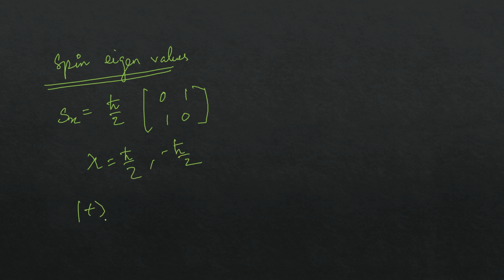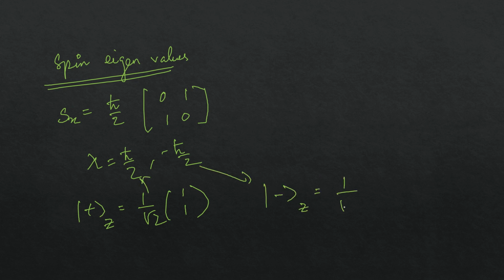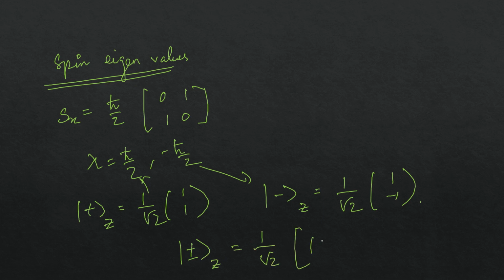So here your eigenstate is 1 by root 2 times 1 1, and for this one, 1 by root 2 times 1 minus 1.